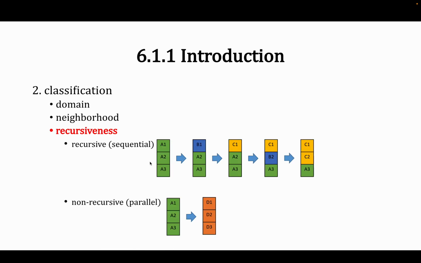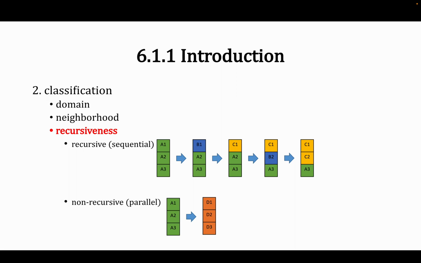The third perspective of classifying a neighborhood operator is the recursiveness. Basically, recursiveness is defined based on whether the generated output depends on the previously generated output. For a non-recursive neighborhood operator, the output is only a function of the input image neighborhood related to the output pixel position.